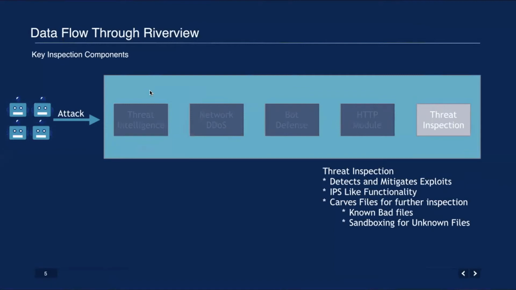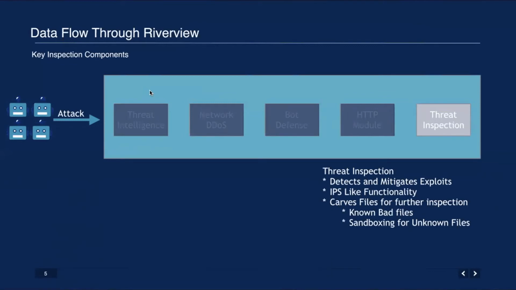We also have the threat inspection module, which is the last part of the demos I'm going to be giving you here today, where we can do detection and mitigation of exploits. So not just your denial of service, not just the bot and the typical stuff that we've been talking about, but actually providing an IPS-like functionality out there in our threat prevention centers.